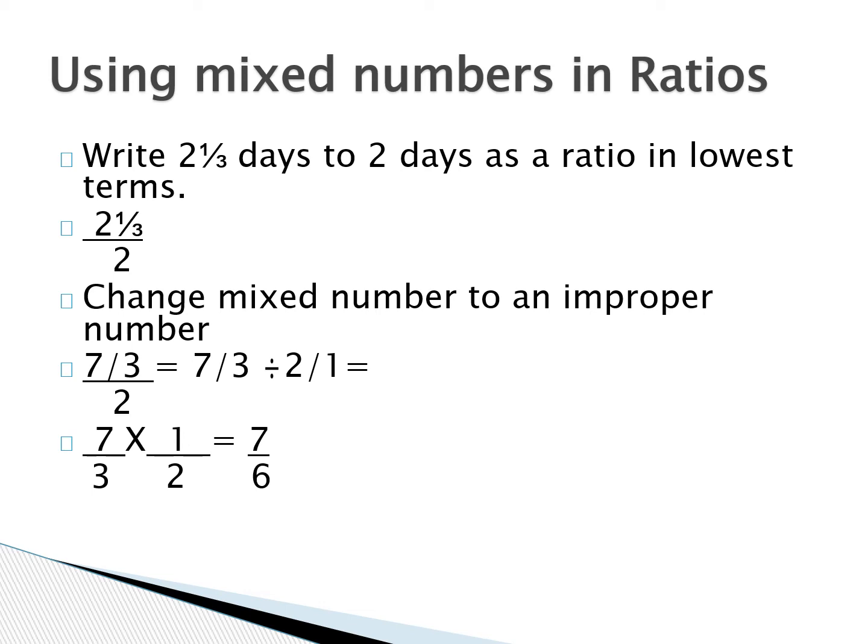So again, change the mixed number to an improper fraction. That's what we just did. We took the 2 1/3, changed it to 7/3, divided by 2. So this is basically 2 1/3 to 2, the same thing as this.